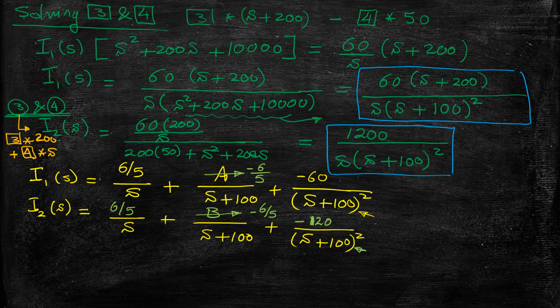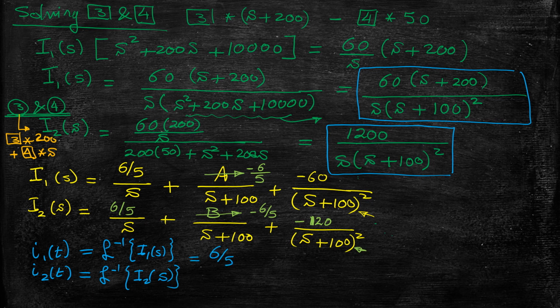After getting these two equations correctly, we can write down I1 as a function of t and I2 as a function of t, equal to the Laplace inverse of I1 of S and the Laplace inverse of I2 of S. From the table, I1 is 6 over 5 minus 6 over 5 e power minus 100t, and the other part is 60 t e power minus 100t.